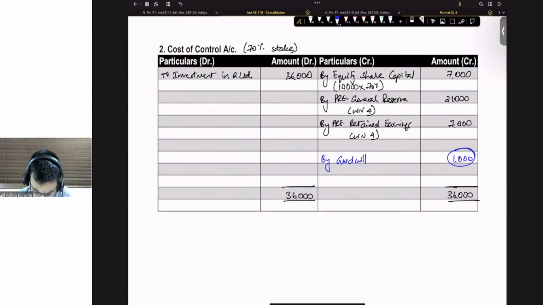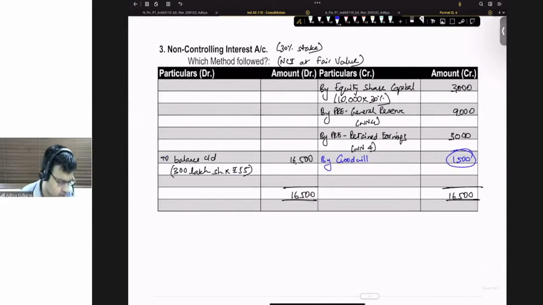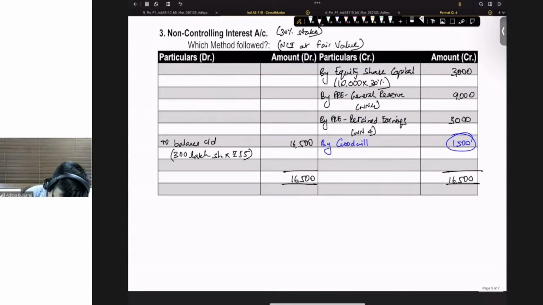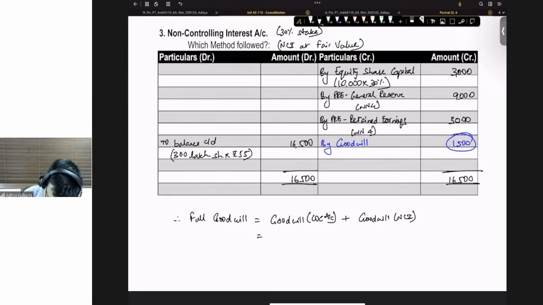Okay. All right. So what is your total goodwill? You can write below NCI. Therefore, full goodwill is equal to goodwill from the COC account plus goodwill attributable to the NCI from the NCI account. 1,000 coming from working note 2, 1,500 from working note 3.